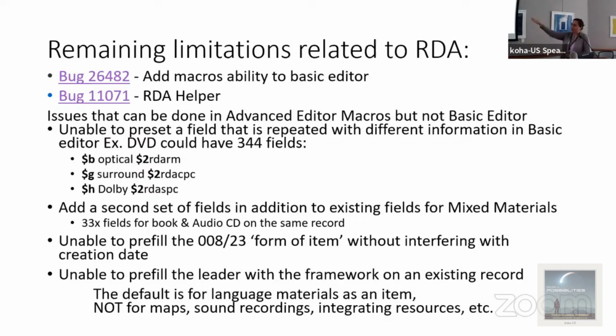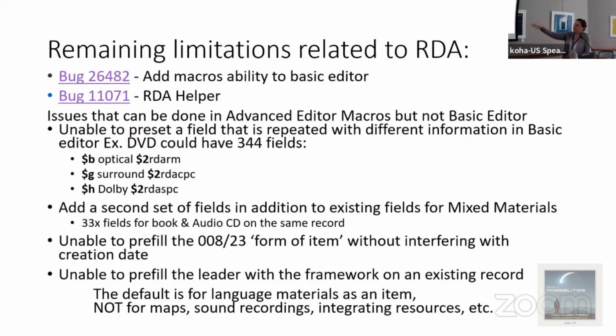So one of the things I had, a DVD should have 3 separate 344 fields. I can't do that with frameworks. It only lets me auto-populate 1. But in Advanced Editor, I can add as many as I want, and then it'll automatically put it.